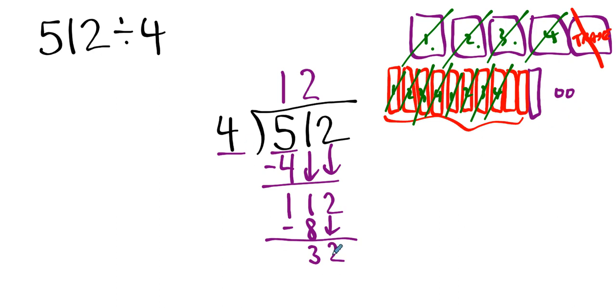And then 4 goes into 32 8 times, and I think you can see that. We would trade those 10s for 1s. We'd have 32 little 1s. We'd make 4 piles. Each pile would have 8 things in it. And so we confirm that there is no remainder. There is a 0 remainder.